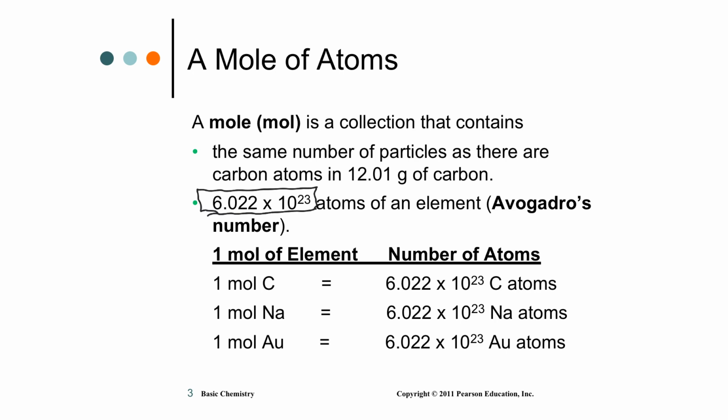This is named not by the fellow who discovered this, but it's named after a scientist, Avogadro's number, okay? And what you're going to find is that it's absolutely got to be one of the most useful things that has been discovered in the last 200 years about chemistry.